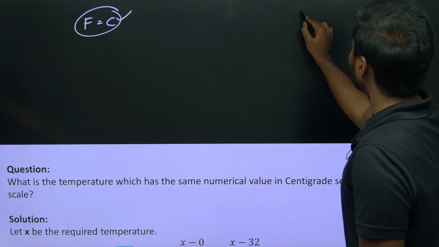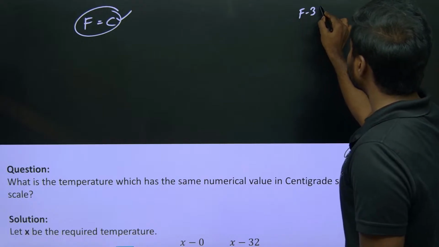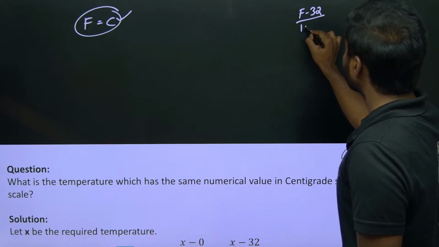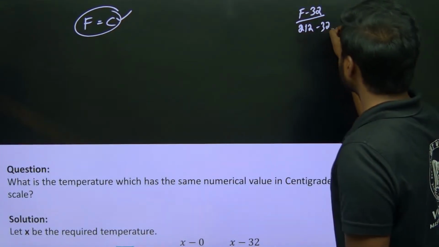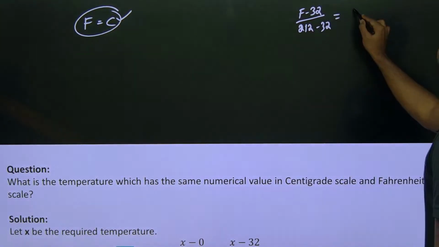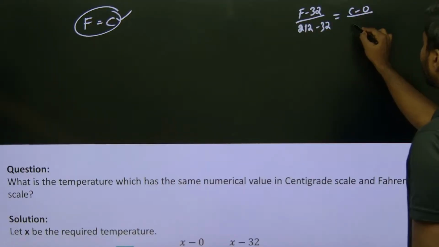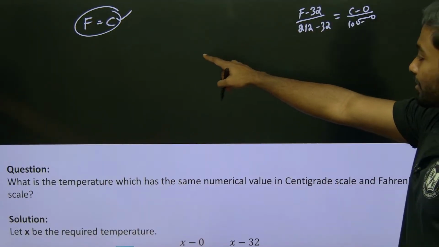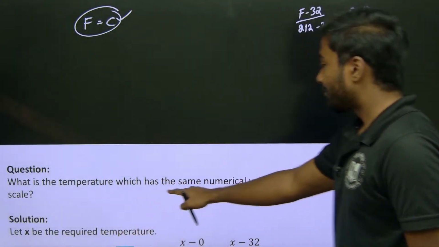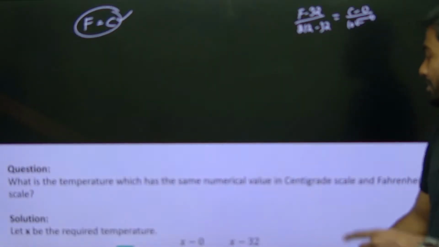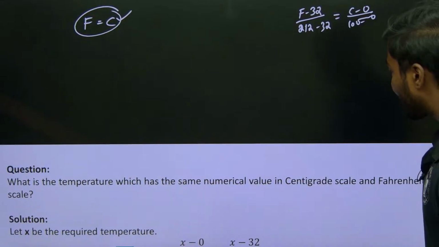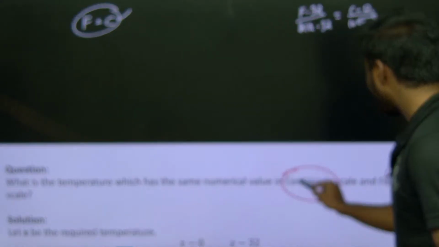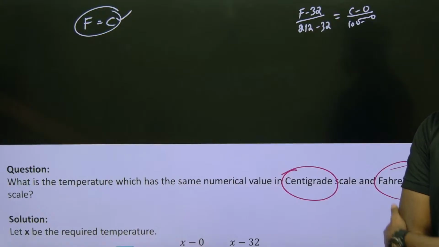What is the relation? F minus 32 by 212 minus 32 should be equal to C minus 0 by 100 minus 0, right? So the question is saying, what is the temperature which has the same numerical value in centigrade and the Fahrenheit scale.